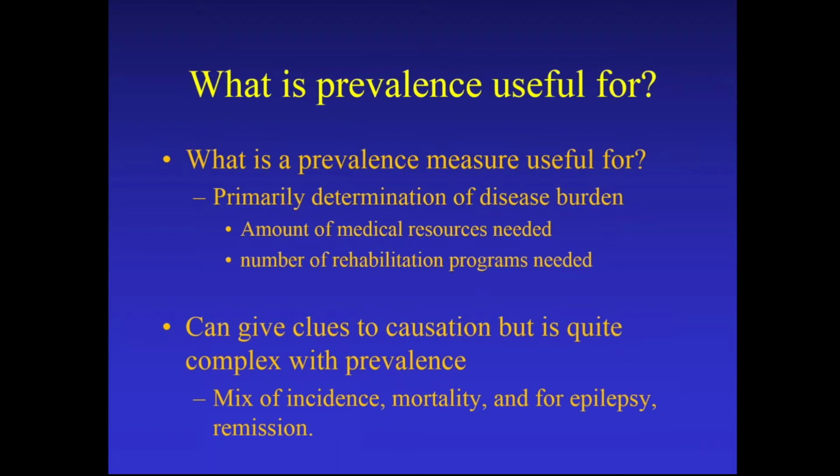But if one uses a similar age distribution, one would expect probably 2% of the population to have had epilepsy at some time. And while some will die, it suggests that a substantial proportion, at least half, no longer have epilepsy by most definitions and don't count as prevalence cases.